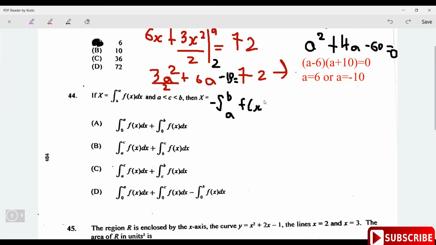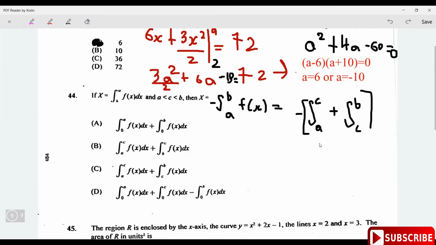And so I'm going to rewrite it as the integral from a to c plus the integral from c to b. All right, that's how you do it, and then you put a minus.